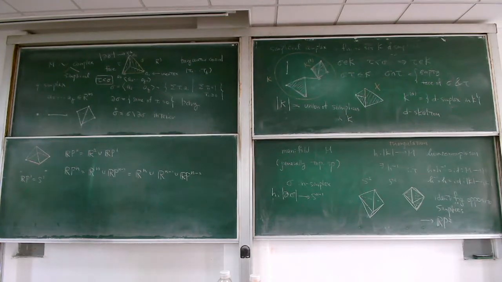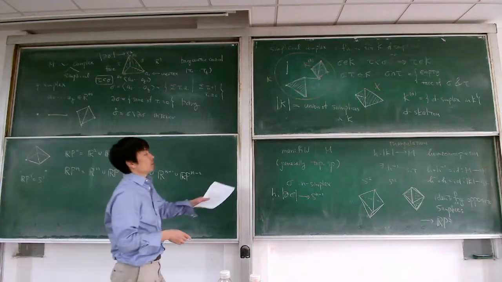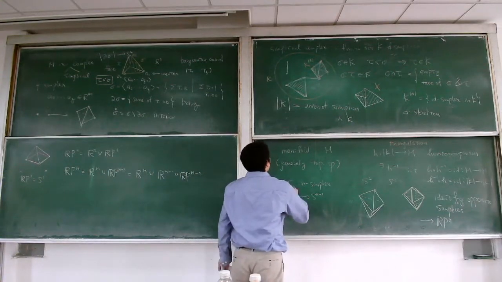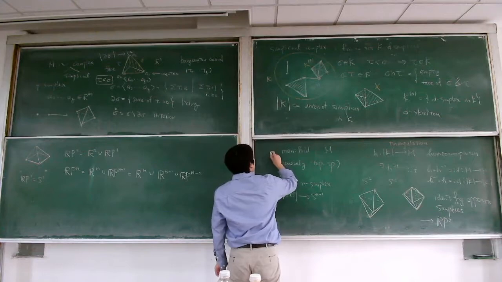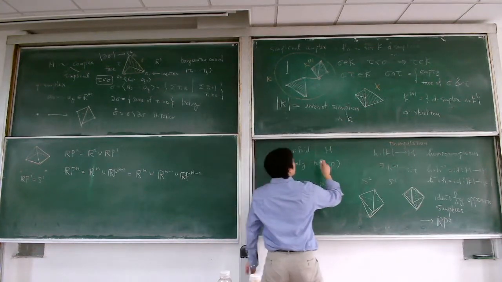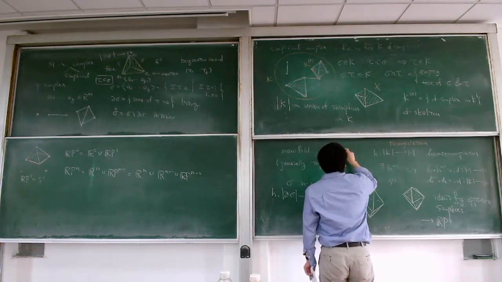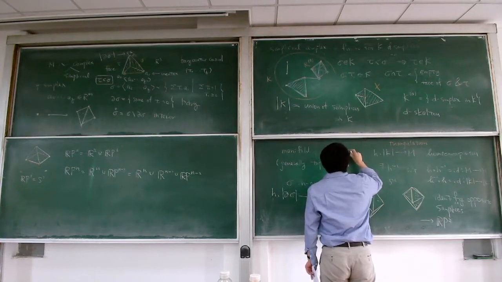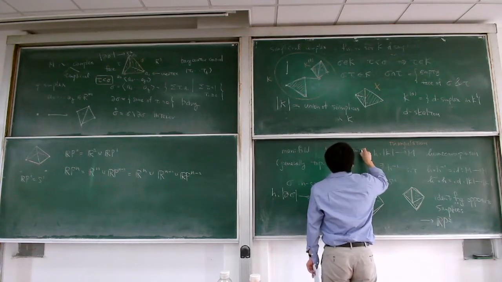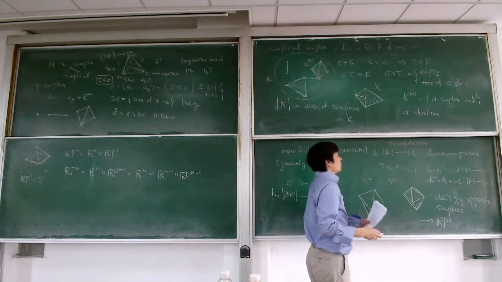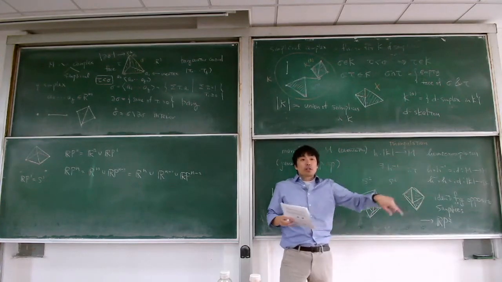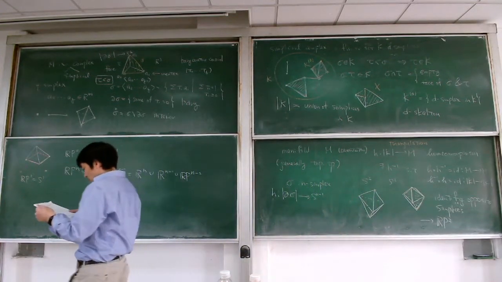Since a manifold M, if you consider a triangulated manifold, can have an orientation, the notion of orientability and so on, one can introduce the notion of orientation on the simplex too.